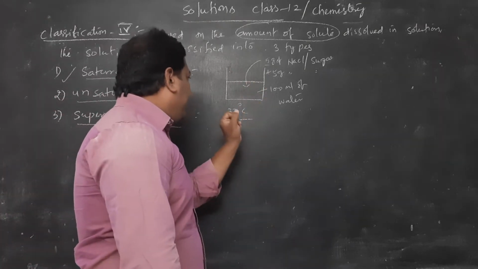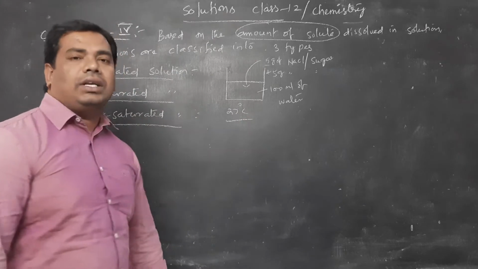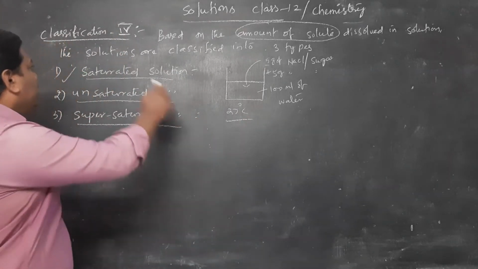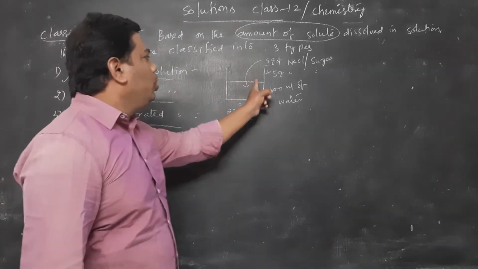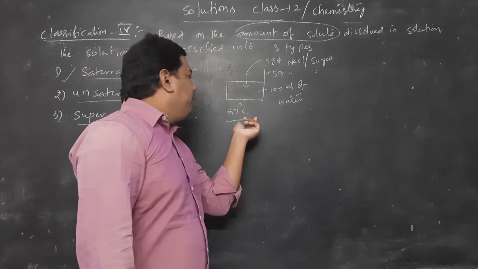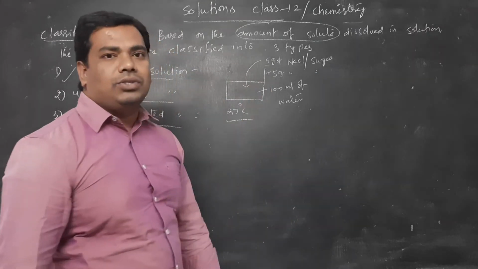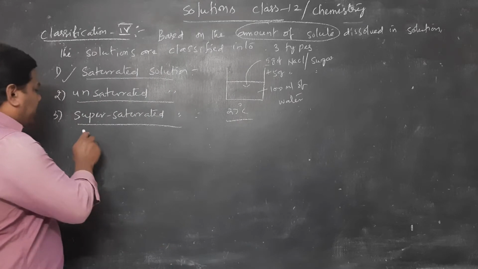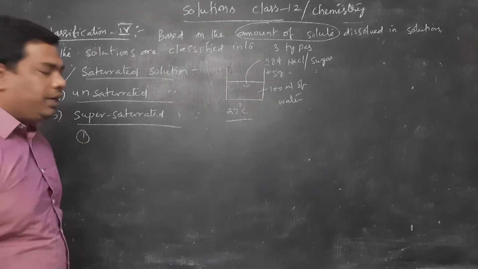For this temperature we can call it a saturated solution. Means no more solute can dissolve at a given temperature, we call it a saturated solution. How can we write the definition of saturated solution?